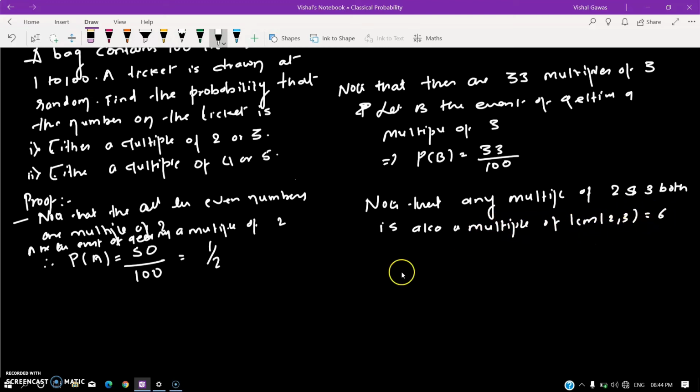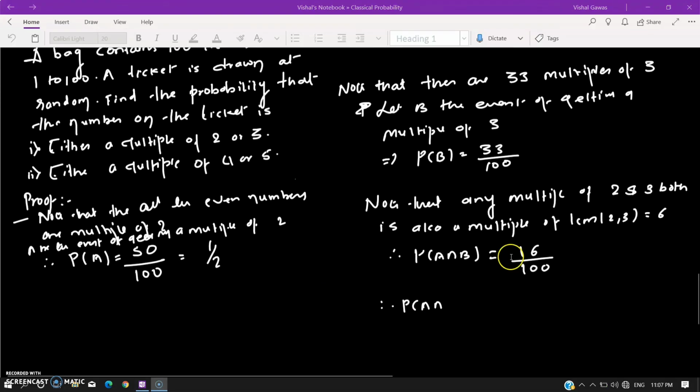I hope you all know what LCM is. Therefore, for the probability of A intersection B, how many multiples of 6 can I have? From 1 to 60, there are 10 multiples. Then from 60 to 100, there will be 6 multiples. So there are a total of 16 multiples of 6. Therefore, the probability of A intersection B is 16 by 100.